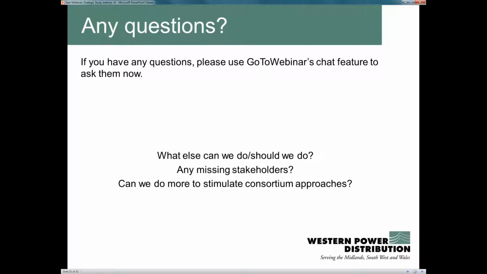WPD is looking for 500 to 800 electric vehicle owners to provide data on where we see consumption patterns altering, and we're also looking at how we can use those resources aggregated together to provide a response on our network.